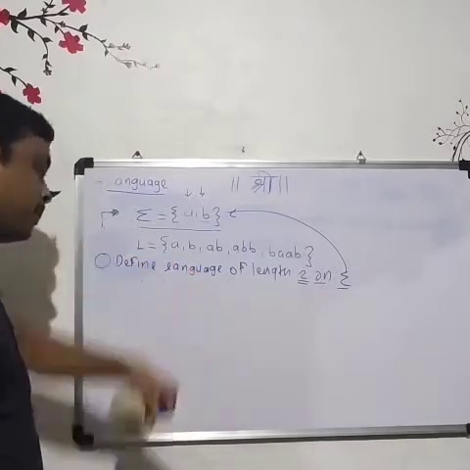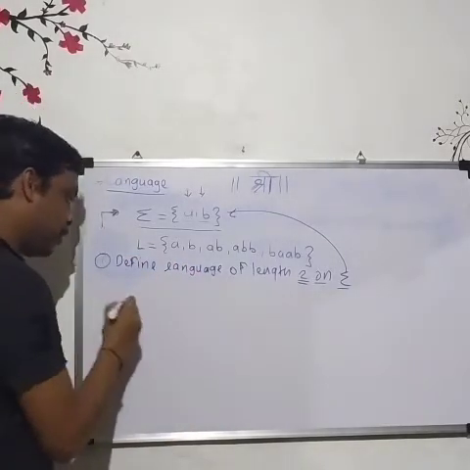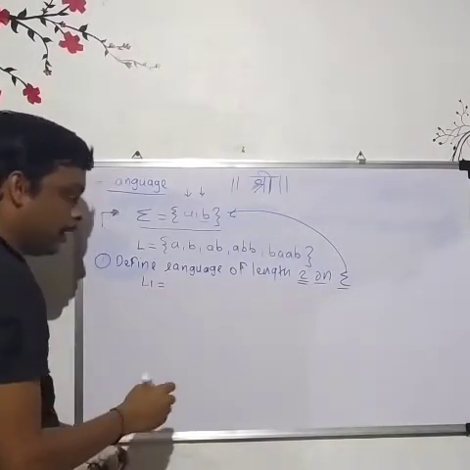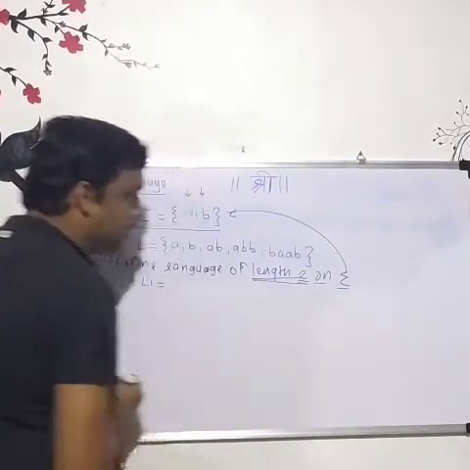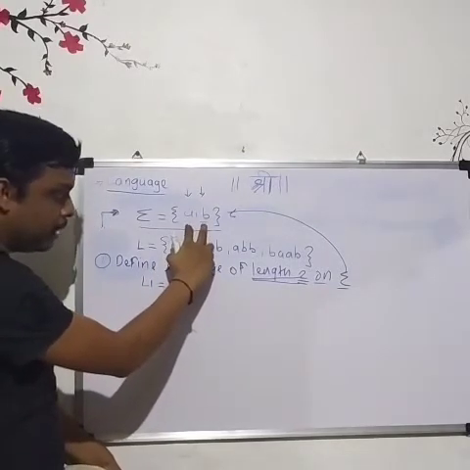If this is the question, then how can we define that particular language? Suppose that language is denoted by the letter L1. What is the condition given? The length of that language must be 2, which means here we have to form strings whose length will be 2.